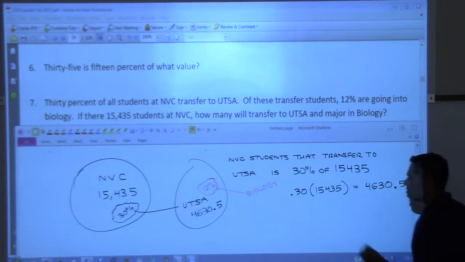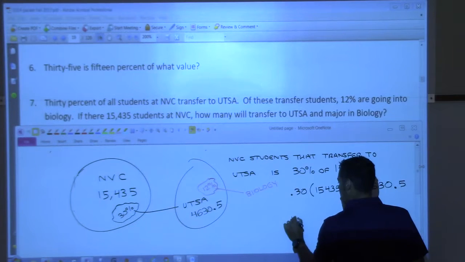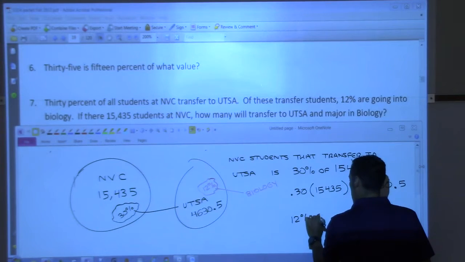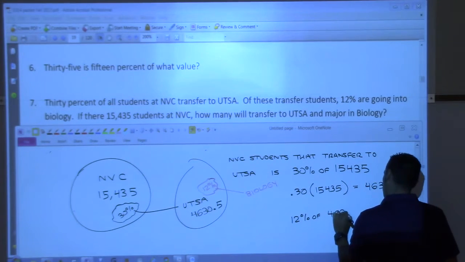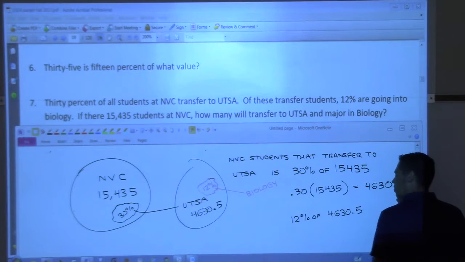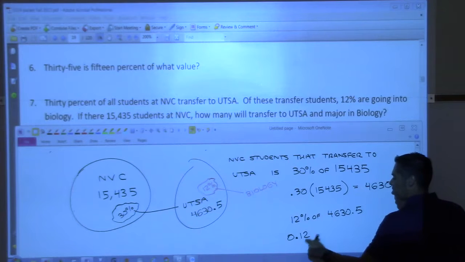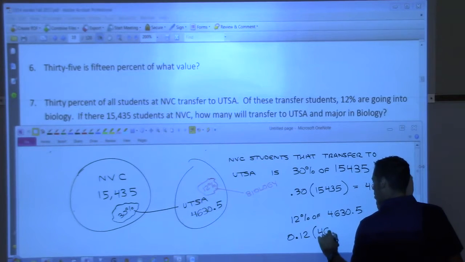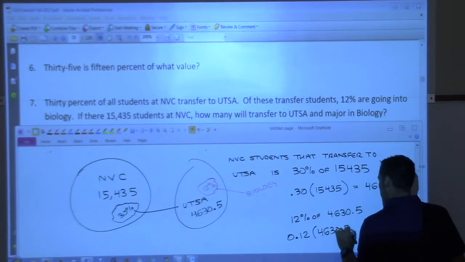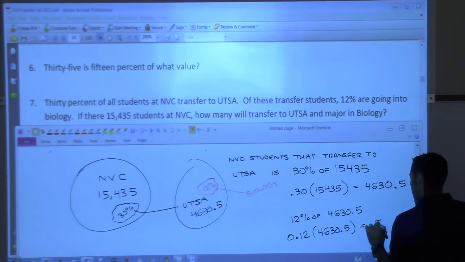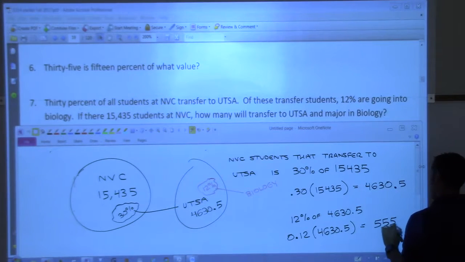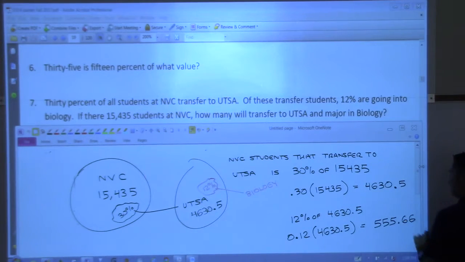Same thing, right? So now what we're going to do is 12% of the 4,630.5, which would mean .12, converting that to a decimal, times 4630.5. Anyone got that for me? 555.66.